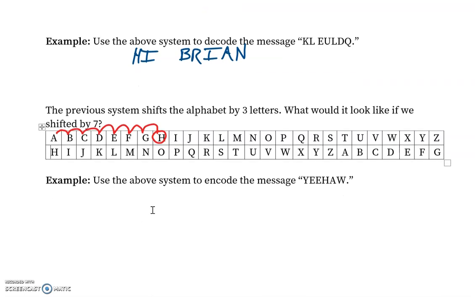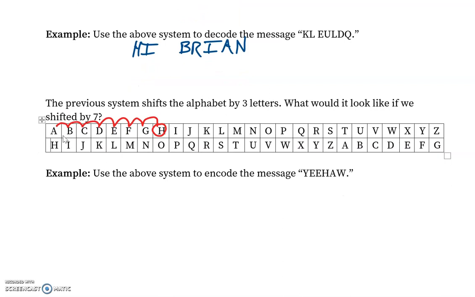Now if we want to use this system to encode the same message we did before, again, "Yeehaw." We start with the top letter. Y is what I want you to read, I'm going to encode it as F. E is what I want you to read, I'm going to encode it as L. We got two of those.